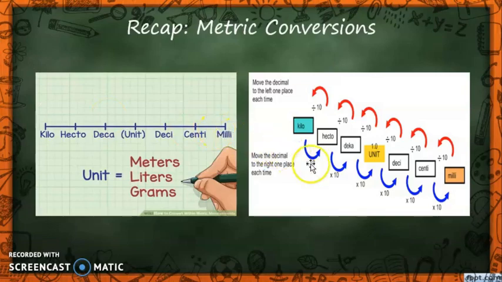So we're moving from meters to centimeters. Let's see how many times we multiply by 10. So multiply by 10, multiply by 10. So we multiply by 10 twice to reach centi. So that means that we multiply by 100. So we're on the right track.